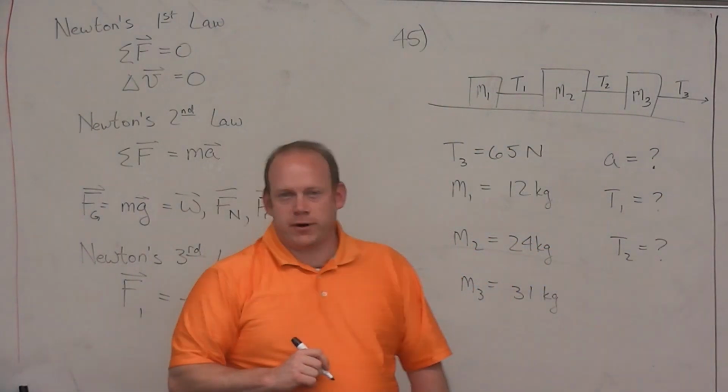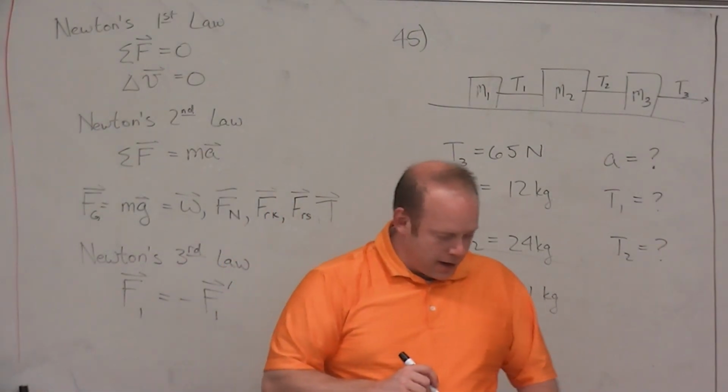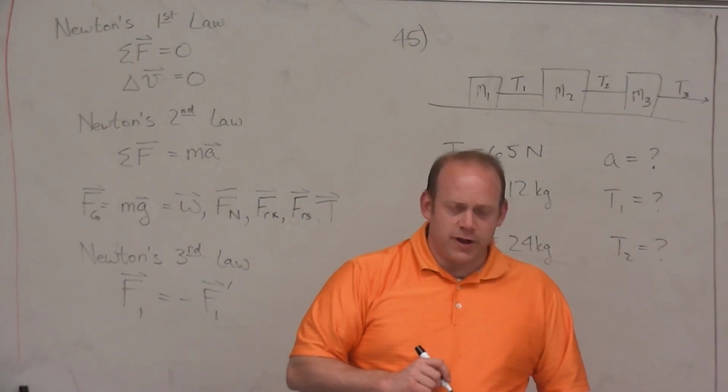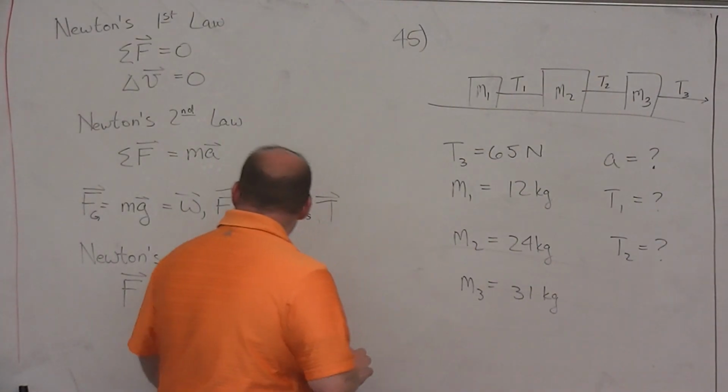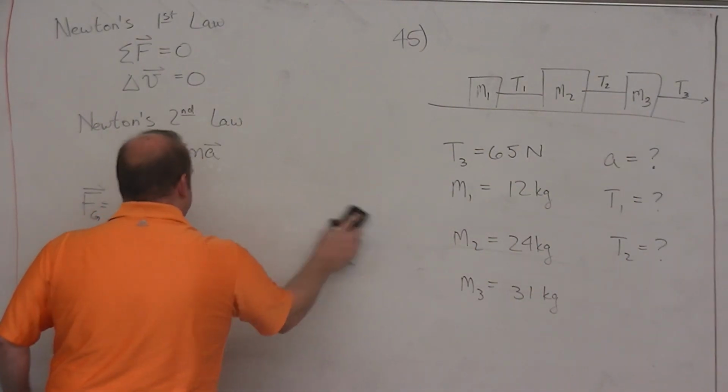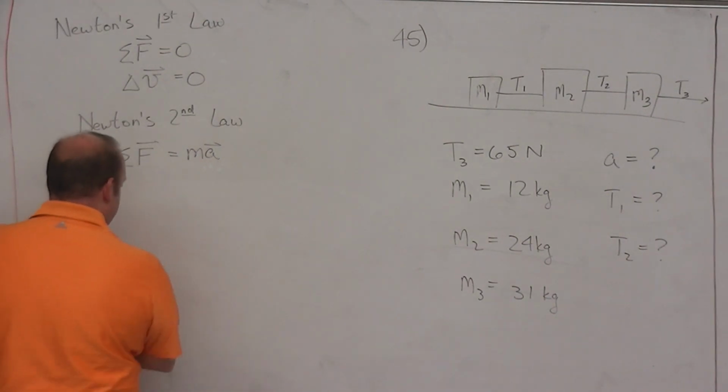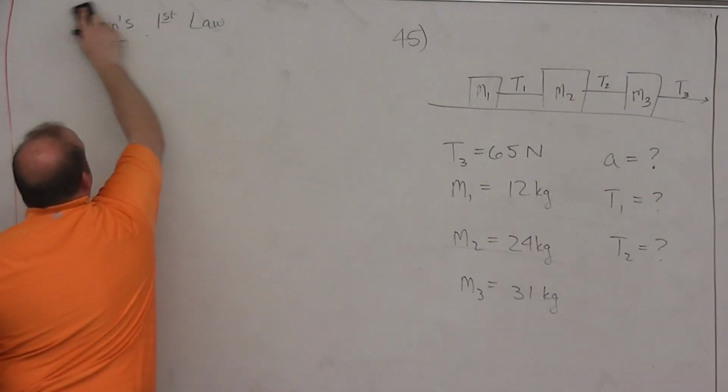Now, a few things that we want to do. We want to set up and draw the forces that are acting on these masses. All right? So now, if I do that, okay, it's a free body diagram.